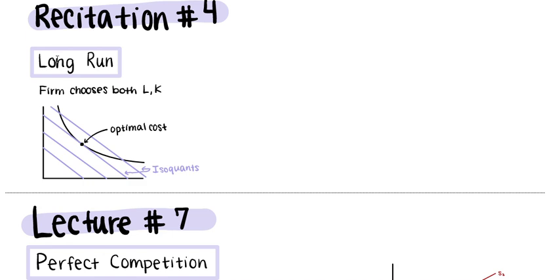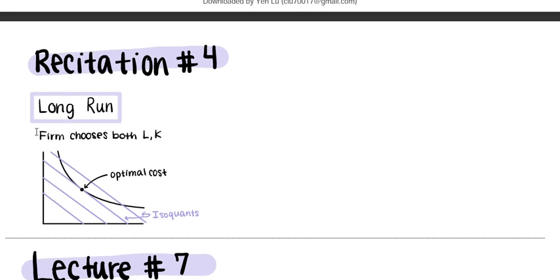For a firm, a recitation here is that we need to know how much we need to produce as a long run supplier. So just like we find the intersection where MRT equals MRS, here we set the MRT equal to the wage and rent ratio.